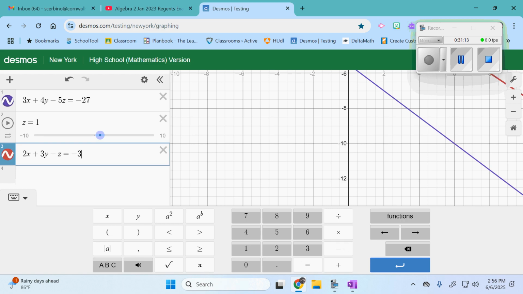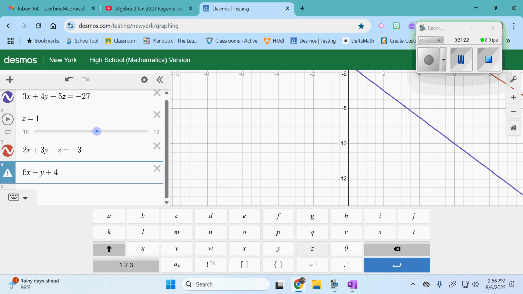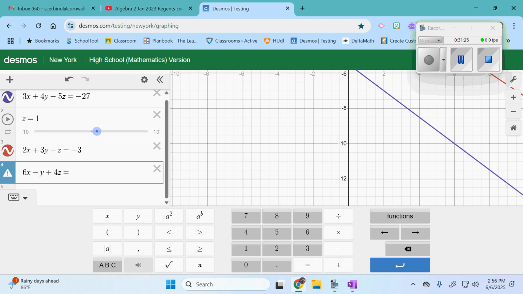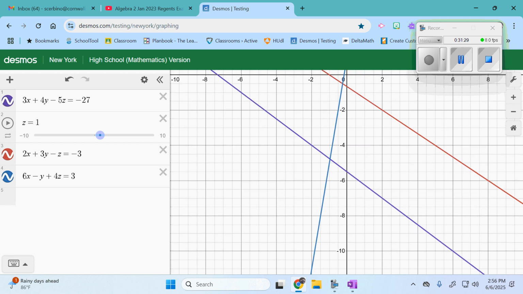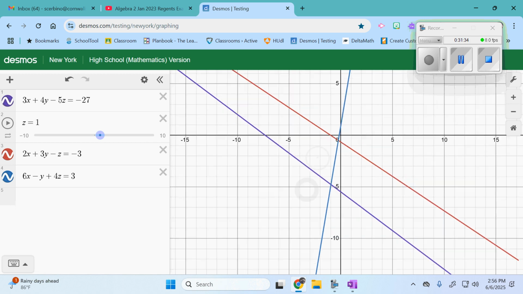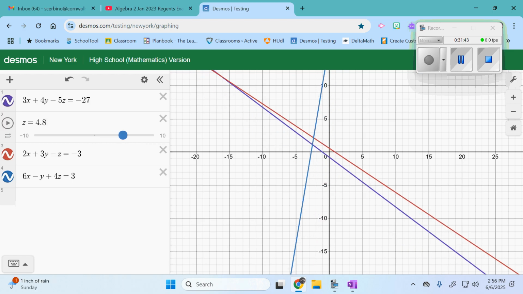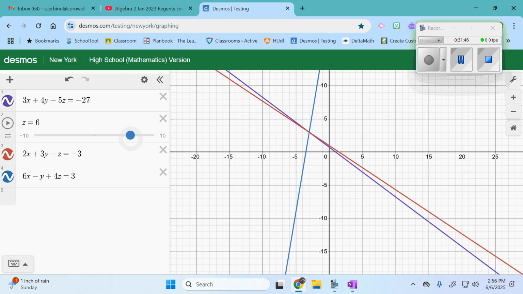Negative 3, let's see. All right, and then the last one, we have 6x minus y plus 4z is equal to 3. So our job now is to get it so that all 3 of these equations intersect at the same location. So I want to adjust my z value until we get something where they all intersect at the same place.